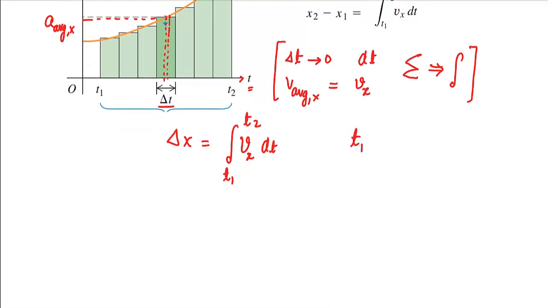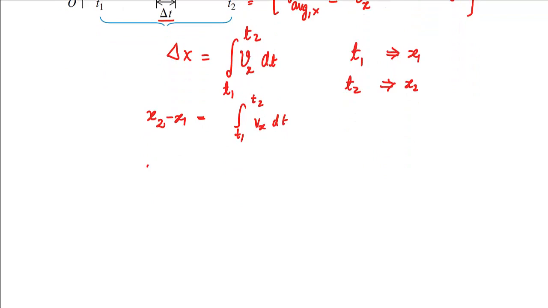Let's say at time t1 the object position is x1 and at time t2 the object position is x2. Then delta x becomes x2 minus x1, which equals the integral from t1 to t2 of vx dt. So x2 is equal to x1 plus the integral from t1 to t2 of vx dt.